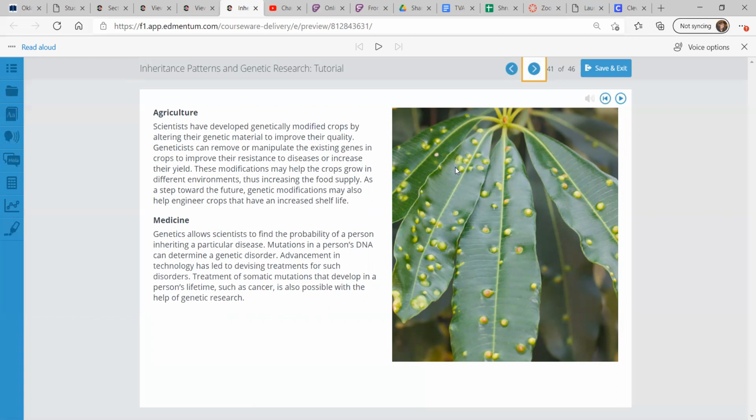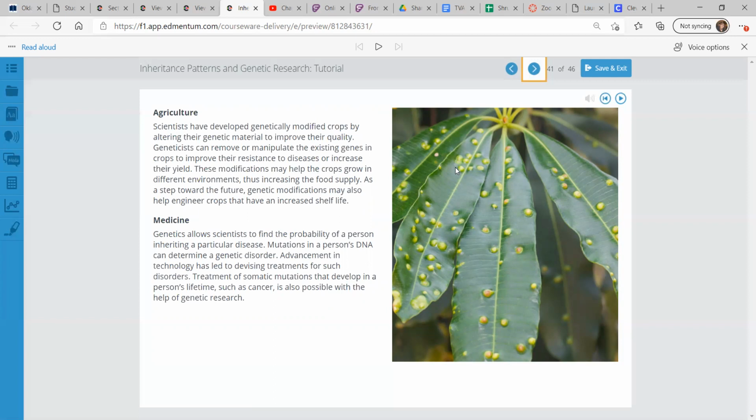These modifications may help the crops grow in different environments, thus increasing the food supply. As a step toward the future, genetic modifications may also help engineer crops that have an increased shelf life.